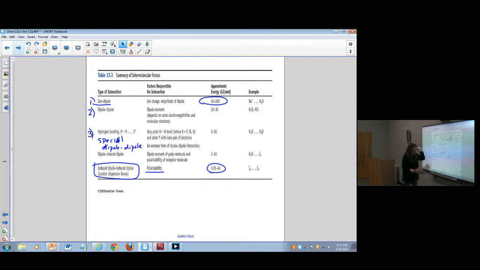Anyway, hydrogen bonding is just a special case of dipole-dipole, and then you get the induced dipole-dipole, or dipole-induced dipole, when you're talking about a polar and a nonpolar covalent. And then when you only have nonpolar covalent, that's called induced dipole or London dispersion forces.